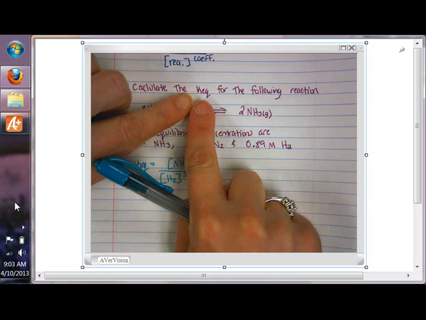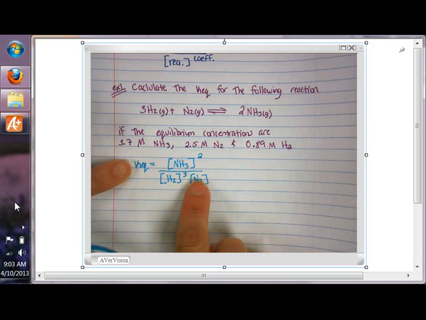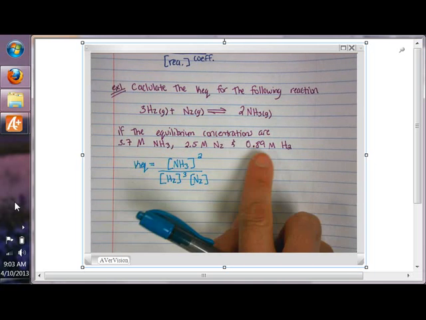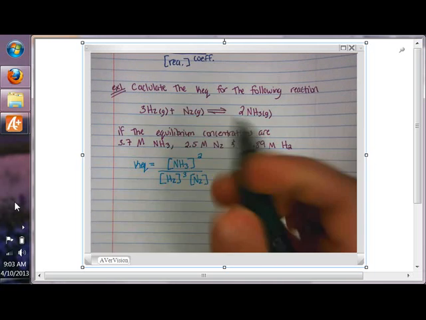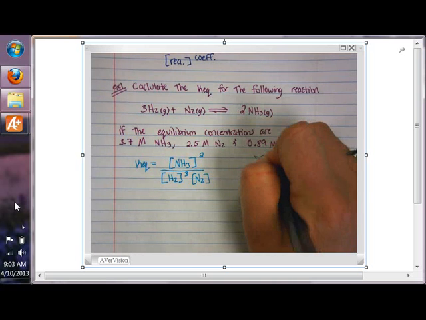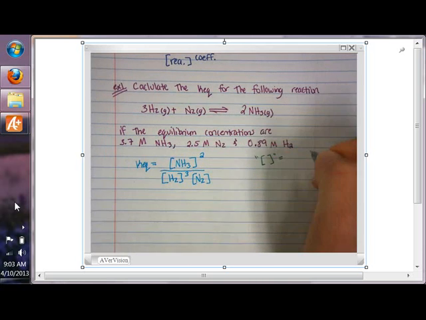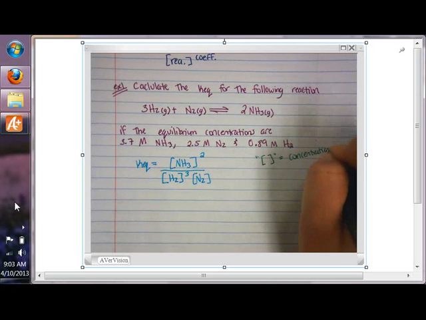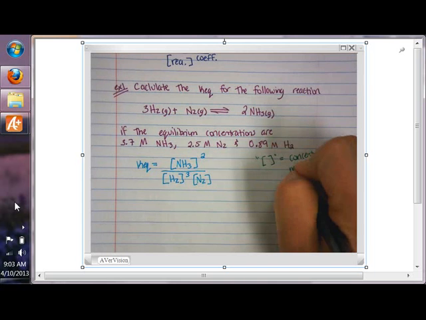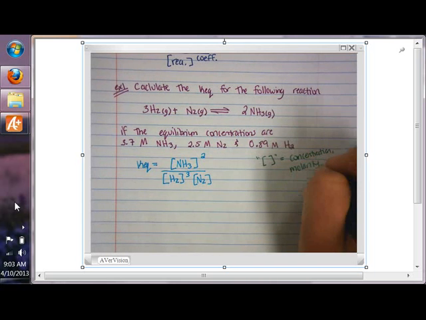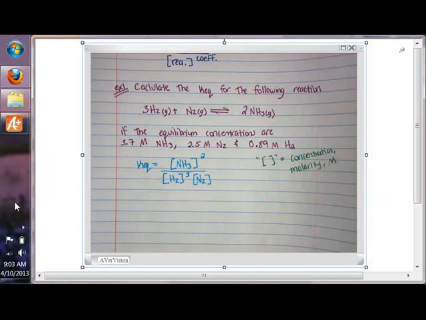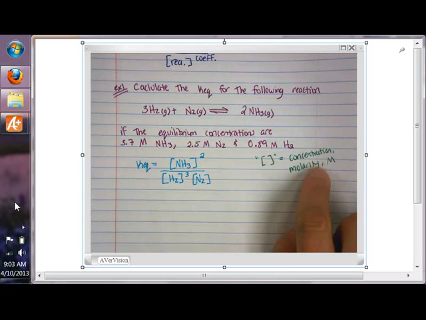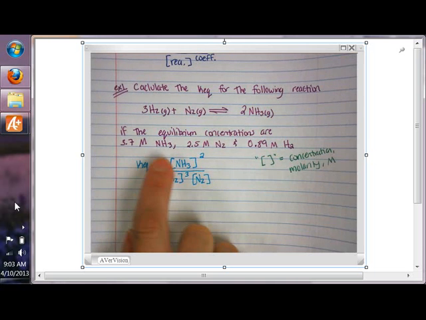So Keq equals this. And I have all of my numbers that I can plug in. Remembering that the brackets just mean concentration. And usually concentration is measured in molarity, which is capital M. And notice they gave us the molarities, or the concentration, of all 3 of our substances.